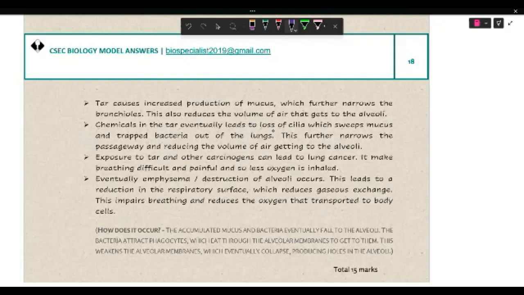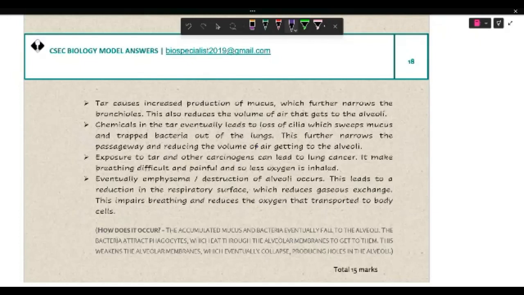So that would narrow the passageway as well, because the mucus with the trapped bacteria gets stuck in the lungs. It's not being cleaned out because the cilia basically were destroyed. So that, in addition, would reduce the volume of air getting to the alveoli, because remember, the alveoli are at the end of the bronchioles.